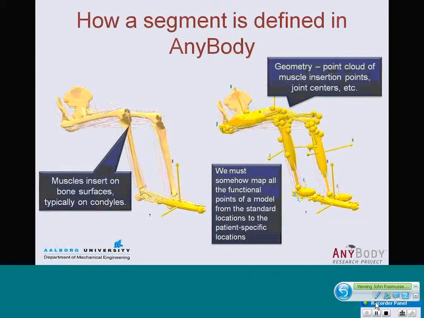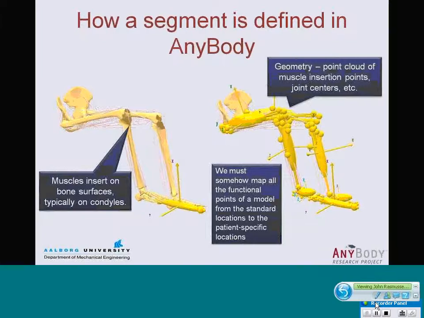We can use those to create the radial basis function mapping, and we can then subsequently route all of the points in the model through that mapping, and that way we can create a patient-specific model in which all of the muscles and joints and so on are moved around to reflect the geometry of the patient.